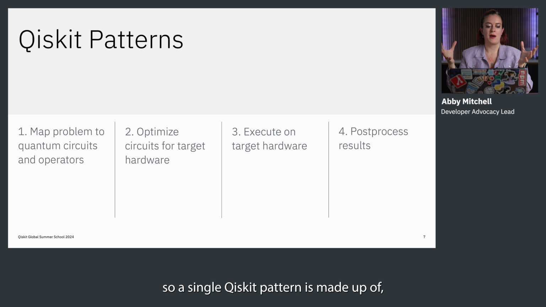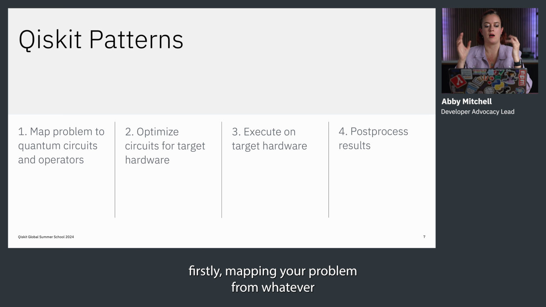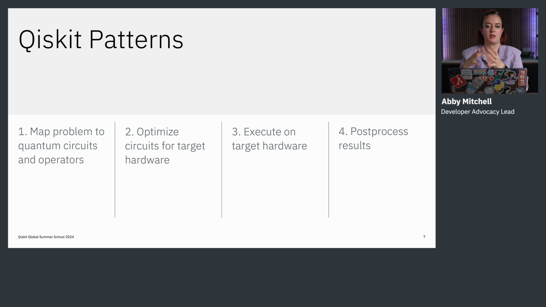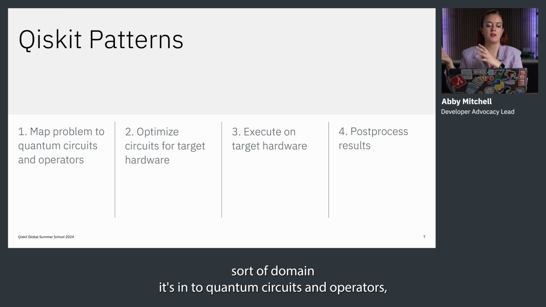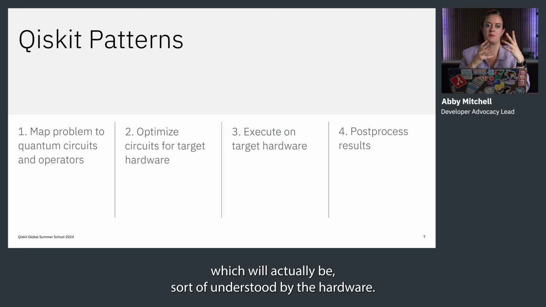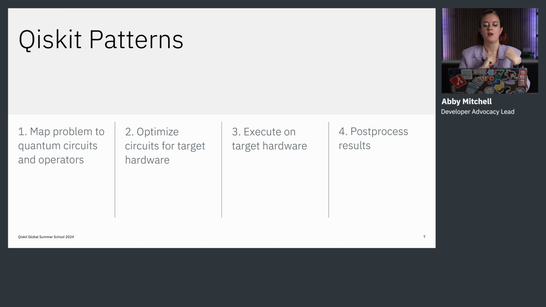So a single Qiskit pattern is made up of, firstly, mapping your problem from whatever domain it's in to quantum circuits and operators, which will actually be understood by the hardware.